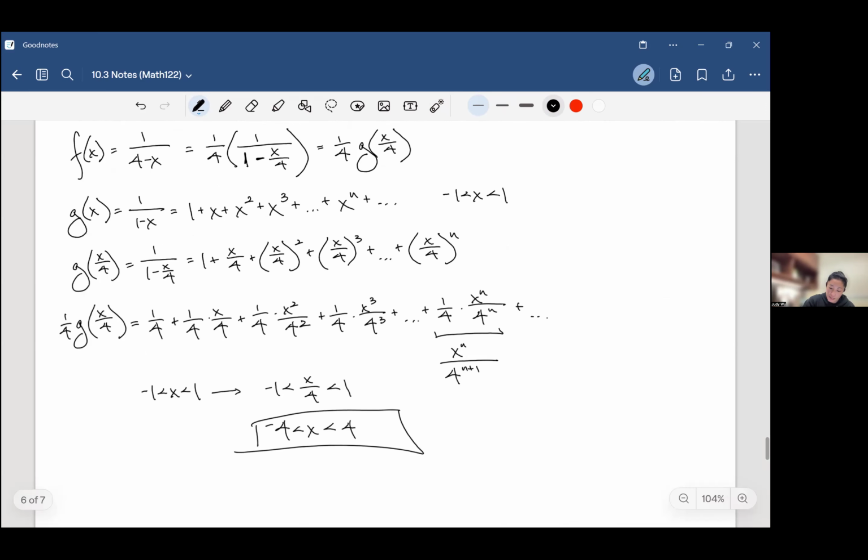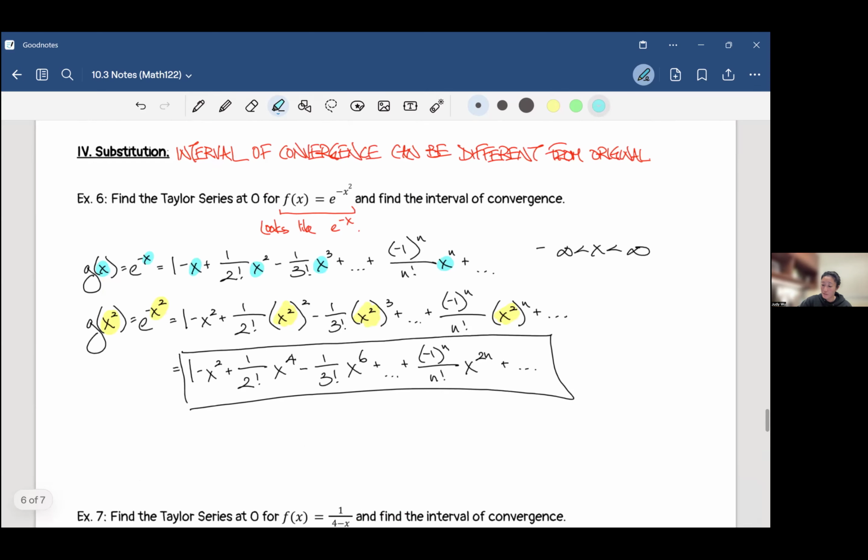So whatever the substitution went in for x, you're going to make that same substitution in your interval of convergence, okay? It didn't matter in example 6 because whether I put x or x squared in here, it's still going to be infinity to negative infinity, okay?